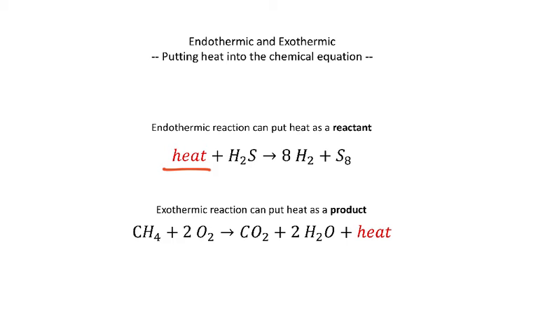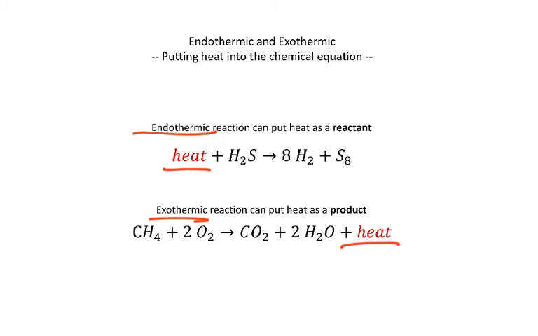For exothermic reactions, heat is a product, so you can put plus heat in the reaction equation. This will be useful when we move to equilibrium, but we can start thinking about it that way now. It's also easy to see that if heat or energy is on the reactant side, then it's endothermic. If heat is released, or it's a product, then it's exothermic.